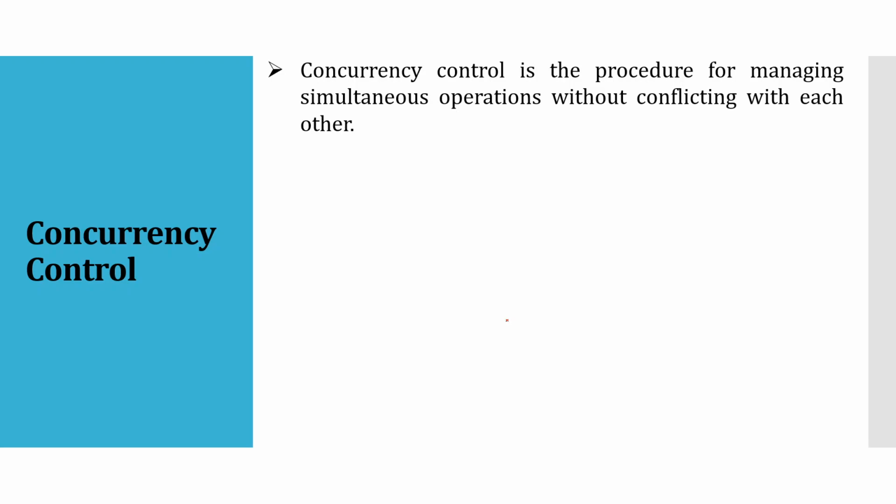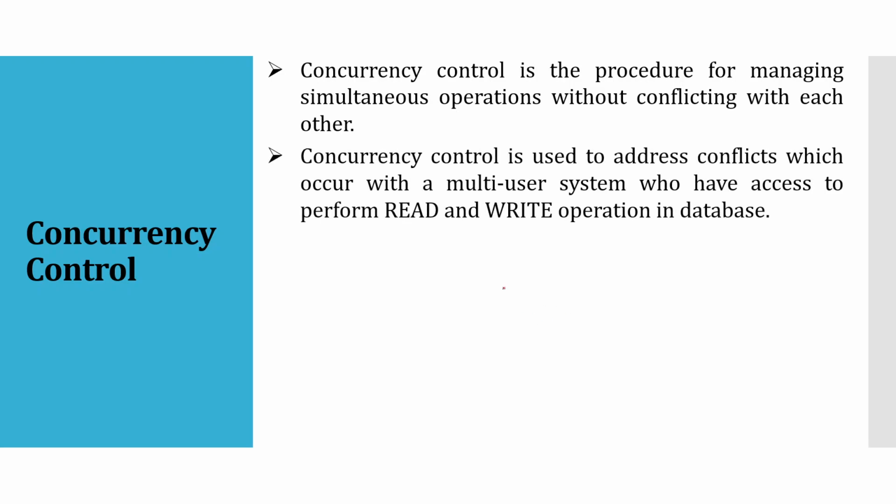So we need to manage the conflicting operations such that all the operations are executed at the same time and very smoothly without disturbing each other. So that is the task of concurrency control. So mainly it is going to focus on read and write operations on the database.